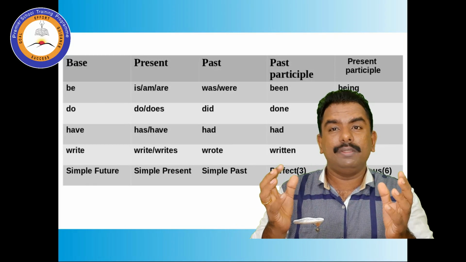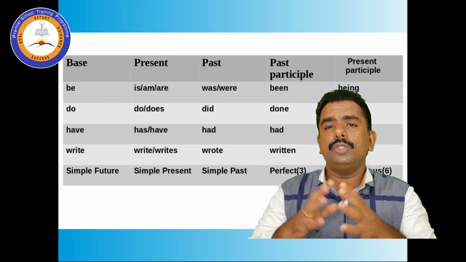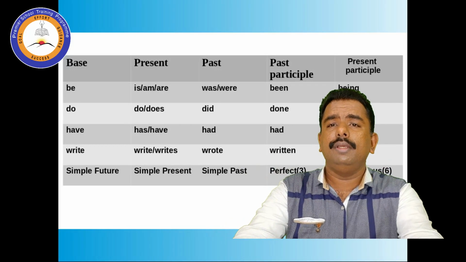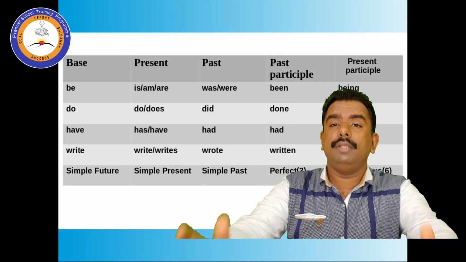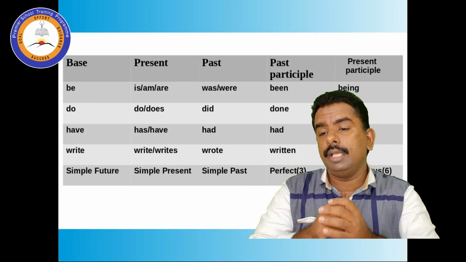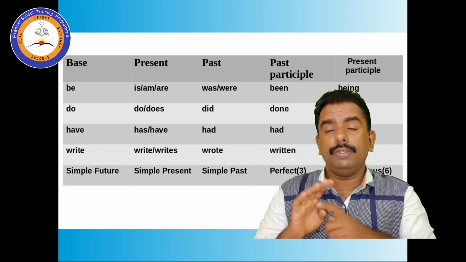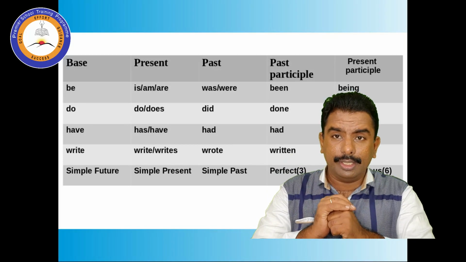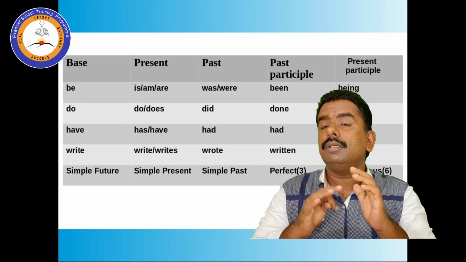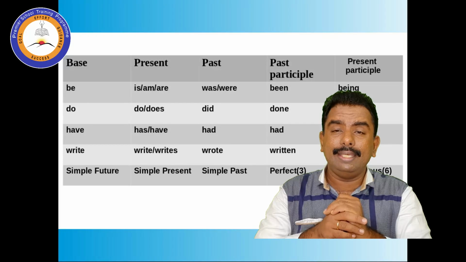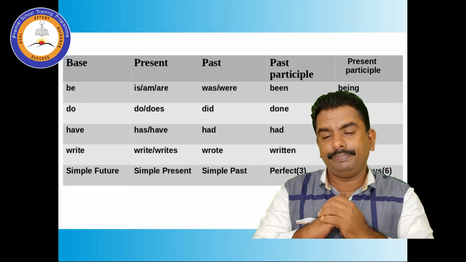You have seen it, and some famous stars in some films are playing double roles. Be, do, have play a double role. First of all, they act as auxiliary verbs. The second role they play is that of the main verb.